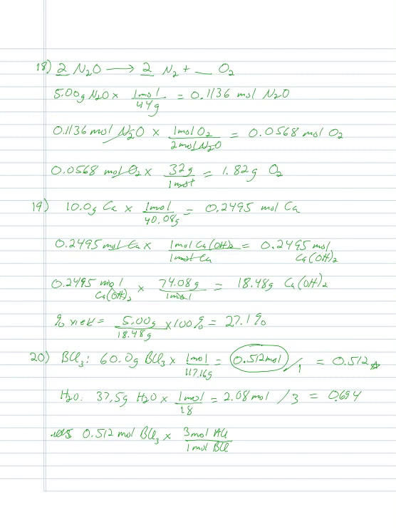And then we're going to do the water. Okay, so that's 37.5 grams. And that's just got a molar mass of about 18. Okay, so that ends up being 2.08 moles.